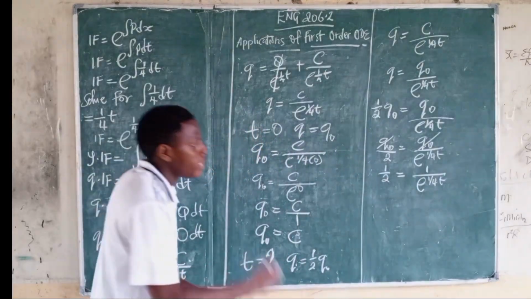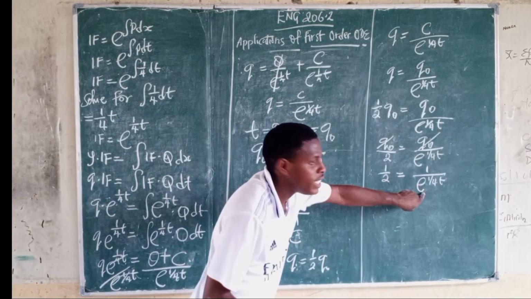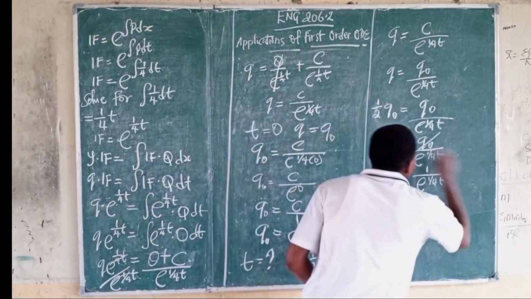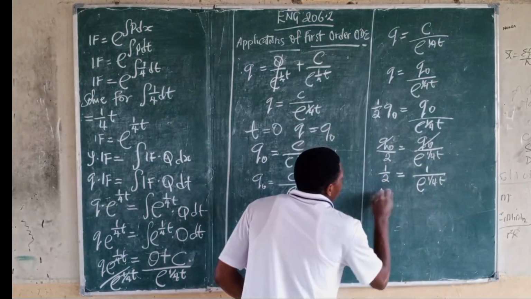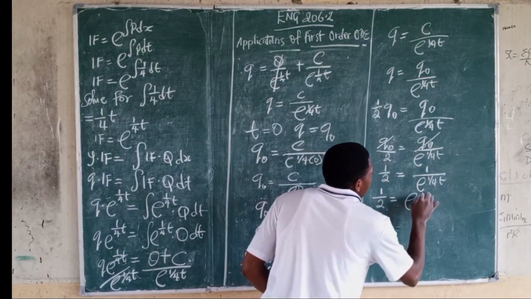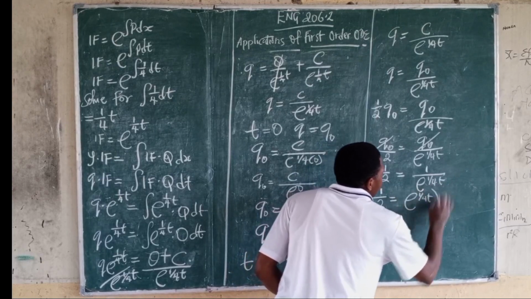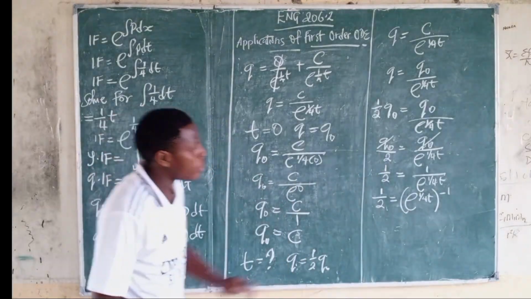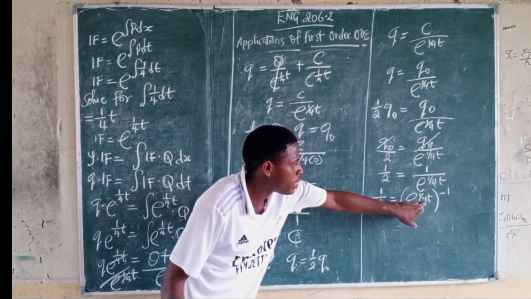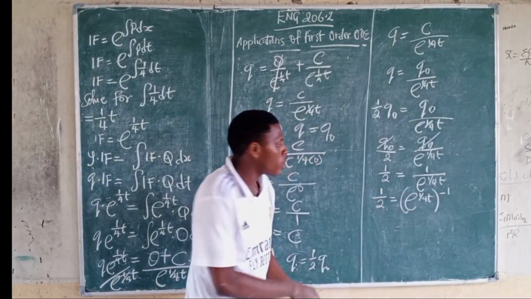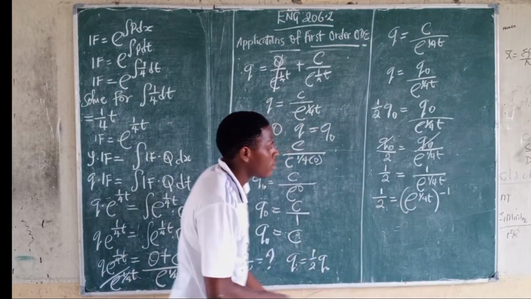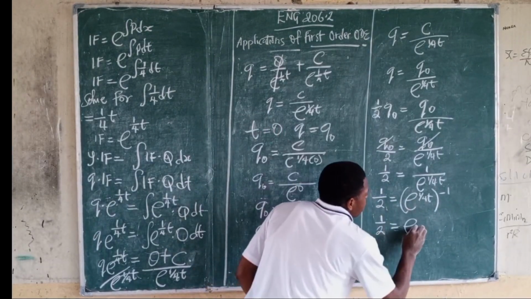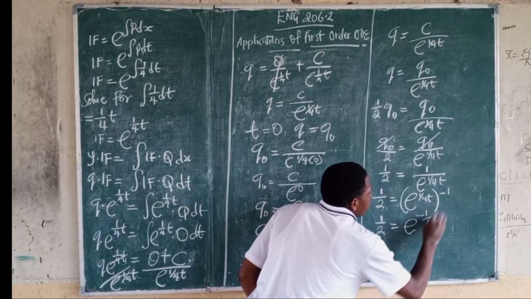But we know that from elementary maths, if we have 1 over anything, that thing is raised to the power of negative 1. So we can rewrite this equation to be 1 over 2 equal to exponential 1 over 4t raised to the power of minus 1. So you can use this minus 1 to multiply what we have here. We'll simply arrive at 1 over 2 is equal to exponential minus 1 over 4t.